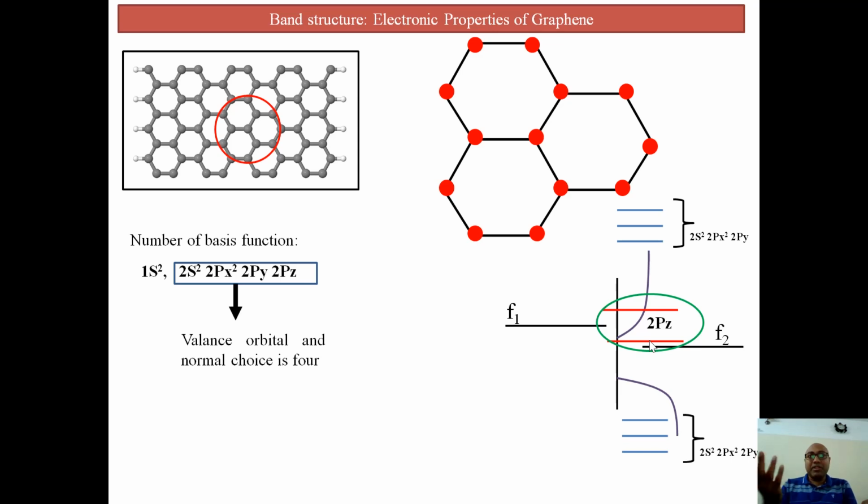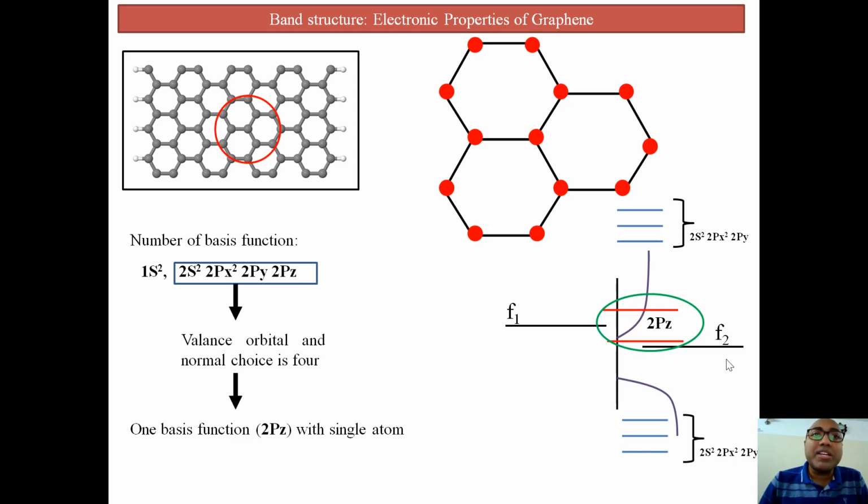Okay, because that will help us to write all the expression nicely, and that is also valid, because our target is to find out the properties of materials when you have 2 contacts F1 and F2, and we need to really look at the energy states very close to that F1 and F2. So it's quite good results. Okay. Now 1 basis function, 2 Pz, with single atom. Now we have confirmed that at the moment we are choosing 1 basis function.